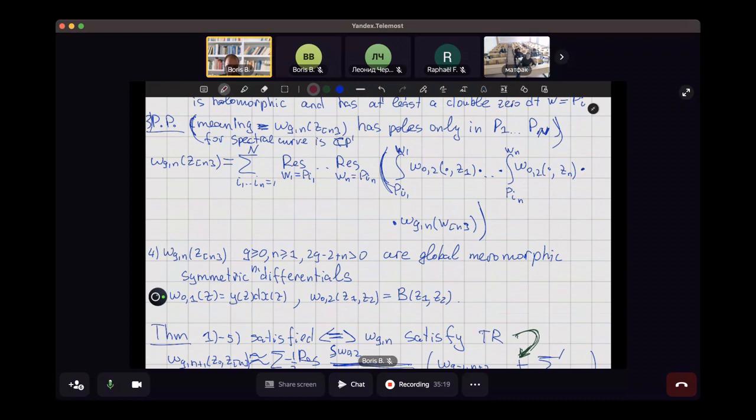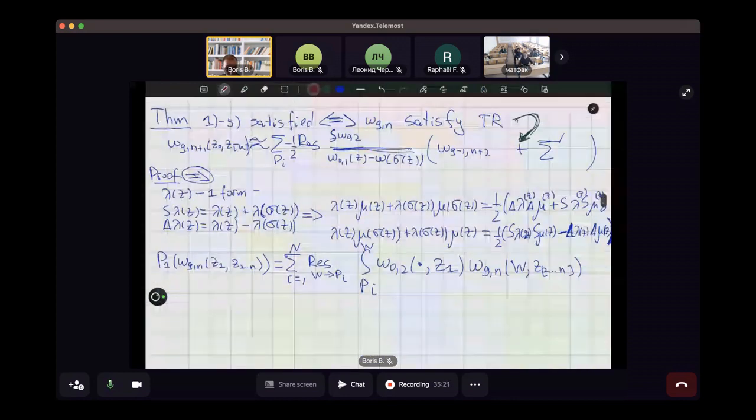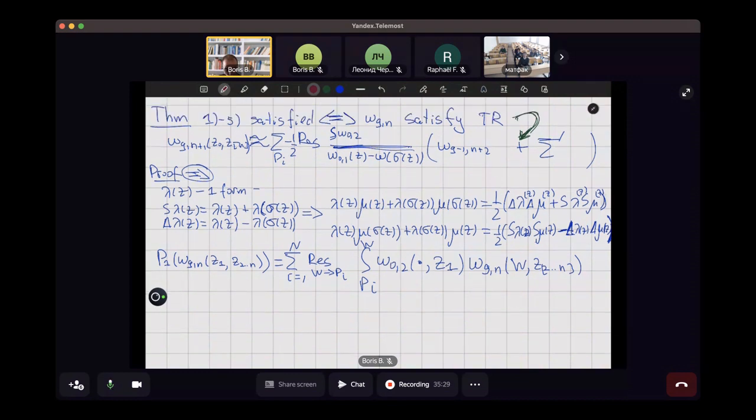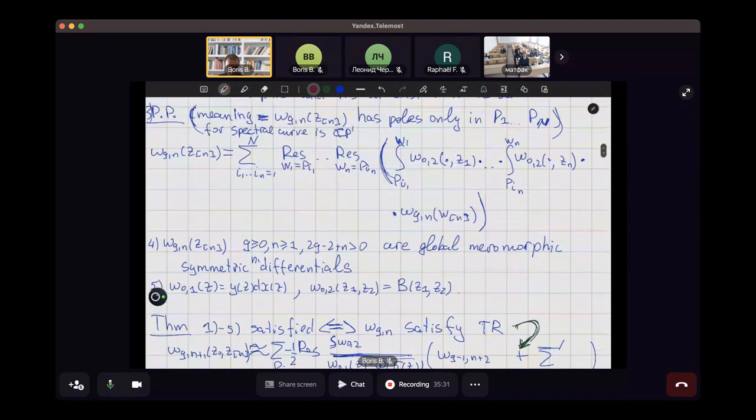Because these operators act independently in each variable. Maybe we should discuss it now.